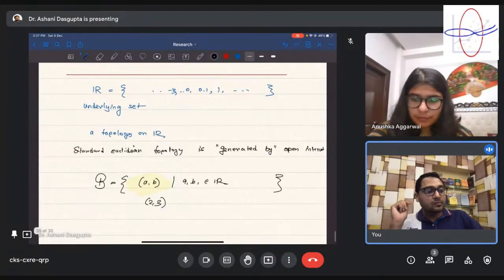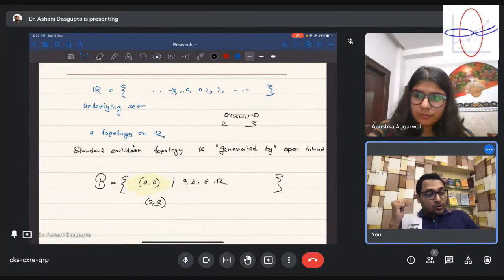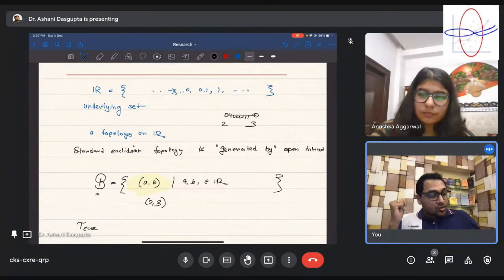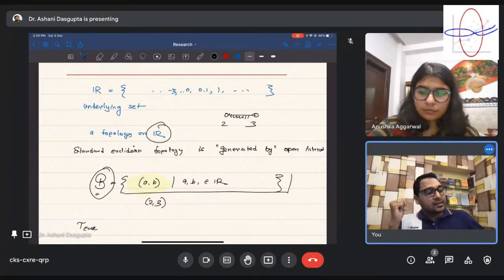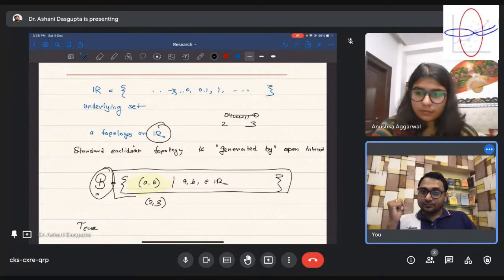The interval (2, 3) means all the points between 2 and 3, right? All the numbers between 2 and 3. So one can define a topology, the Euclidean topology on R, using these open intervals.